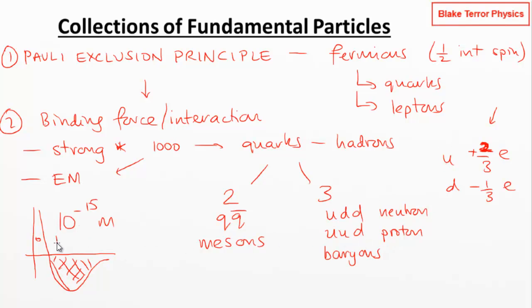But it does place a limit on the size of atomic nuclei, because this strong interaction is not only working inside the proton to bind these up quarks together, but you can then start grouping protons together, providing you get them close enough.